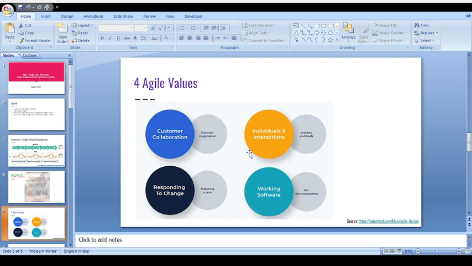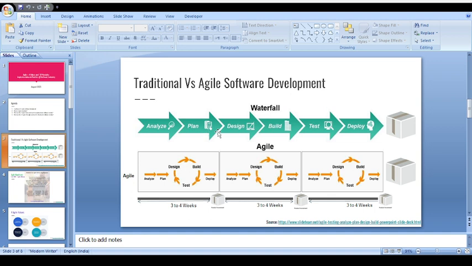Then the second one is that individuals and interactions are given more importance than processes and tools. Instead of saying that we are working on the design part, build part, and so on, the customer collaboration is happening, and we are always interacting with the customer or the business team.